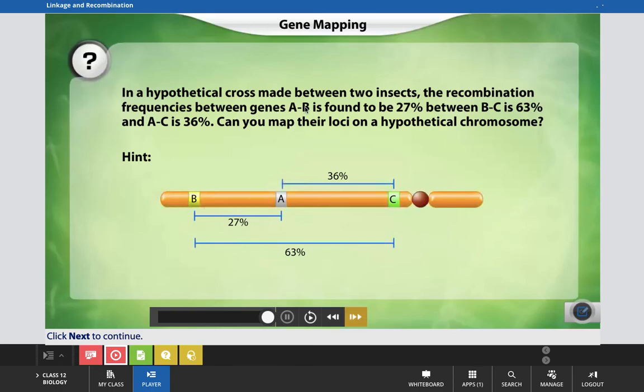For example, if AB is found to be 27%, it means the distance between A and B is 27 map units, and between B and C we can consider 63 map units distance, and between A and C, due to the 36% result here, we can conclude that the distance between A and C is 36 map units.